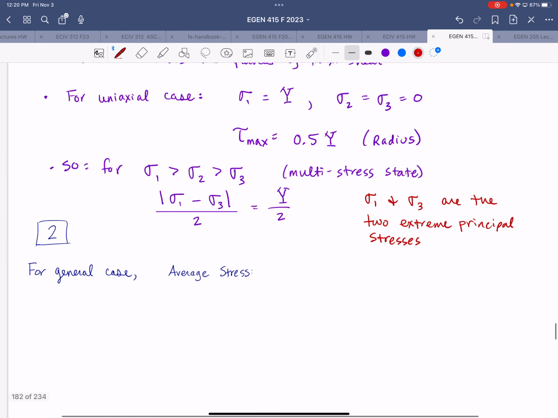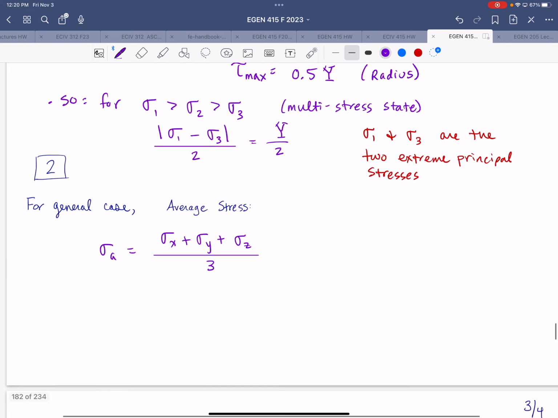So next, I'm going to introduce the concept of average stress, where the average stress is simply the average of the normal stresses for a given state. And that's going to set us up for the definition of the von Mises criterion.